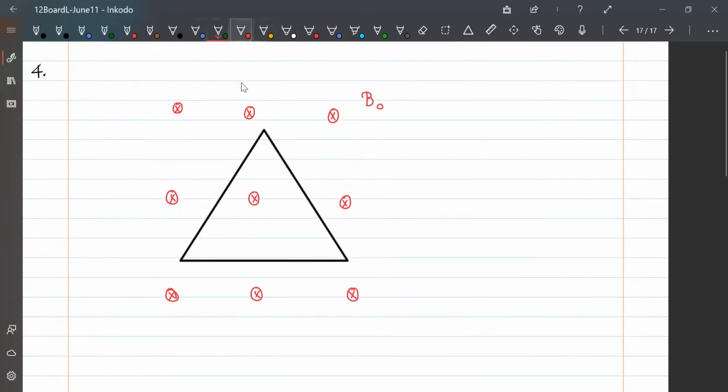The vertices are labelled ABC, and the length of each side is A. Find the force on this triangle. The magnetic field is uniform everywhere, the value is B naught, and the direction is into the plane.